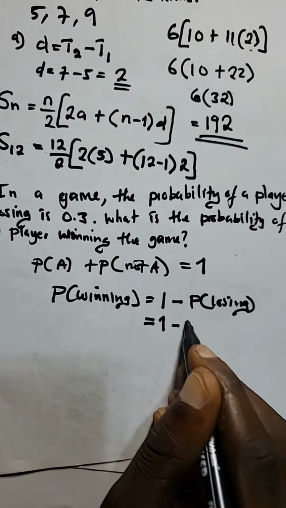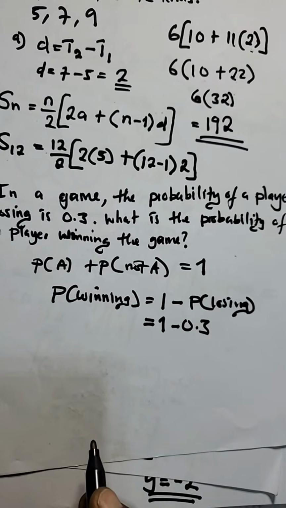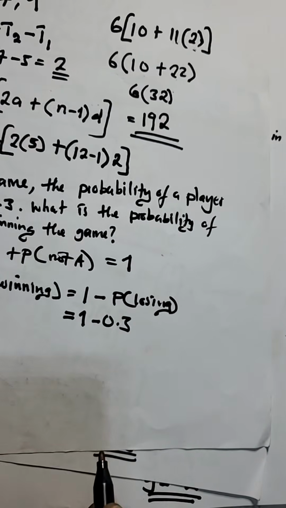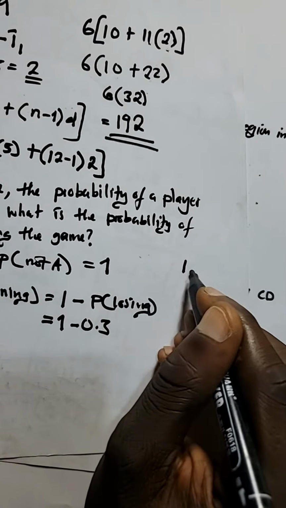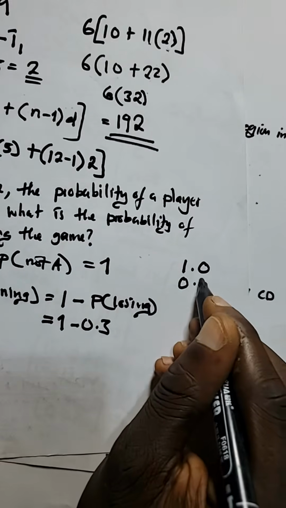1 minus 0.3. Now, some of you guys may find difficulty calculating these decimals. How do you subtract? You can subtract like this. Because 1 is the same as 1.0, then use 0.3 the way it is.